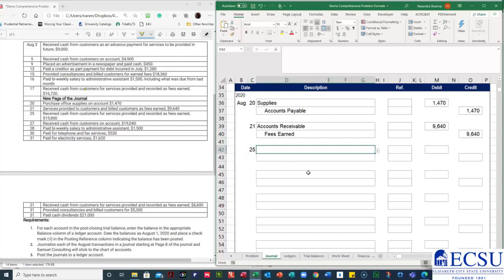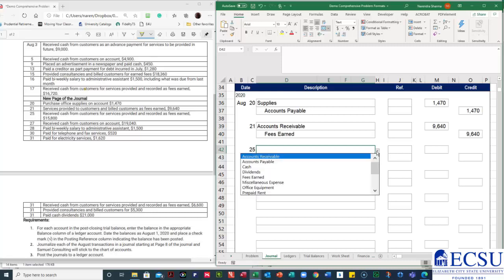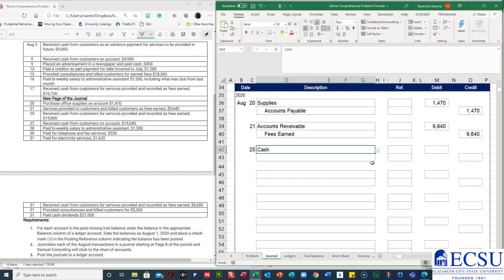It says received cash from customer for service provided and recorded fees earned previously. So that would mean I have received cash, and since I have already received cash for fees earned, that's why I'm going to do the fees earned.